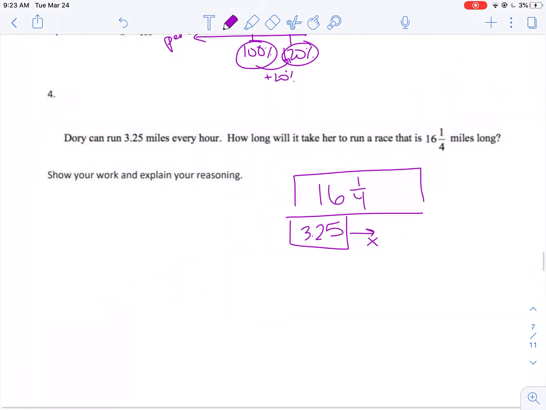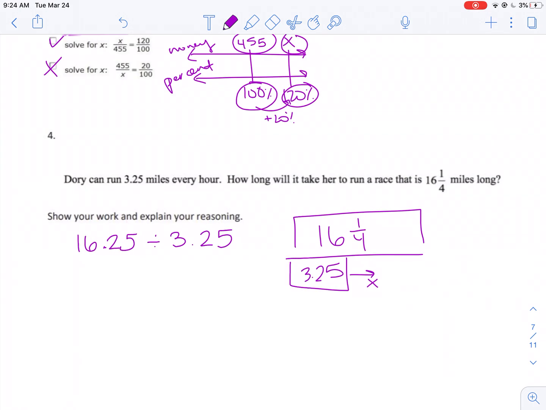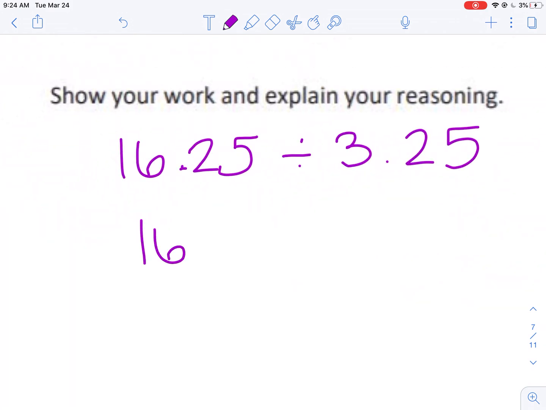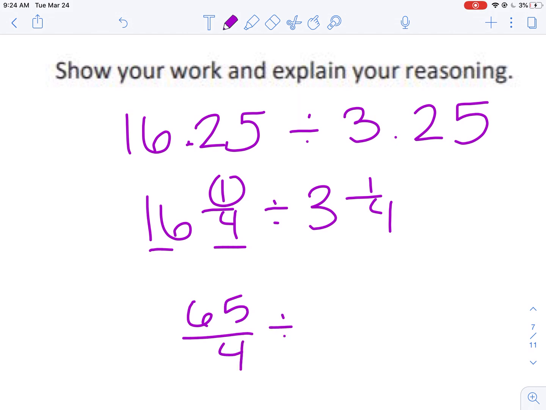I know you guys like decimals better, so let's do 16.25, because that's 16¼, you're dividing that by 3.25. I actually feel like division is going to be harder in this case. So let's do 16¼ divided by 3¼. 16 times 4 is 64, plus 1 is 65 over 4, divided by 13 over 4.